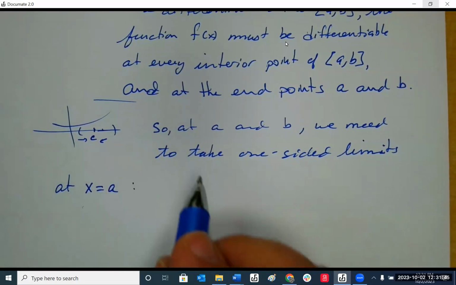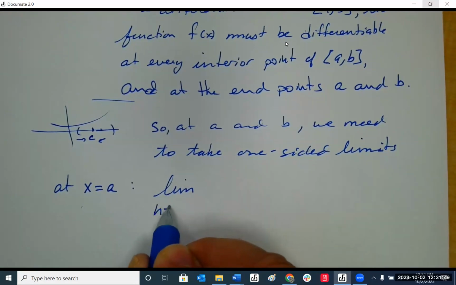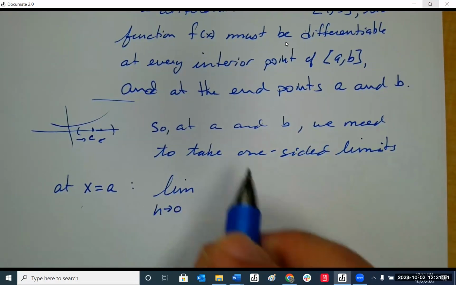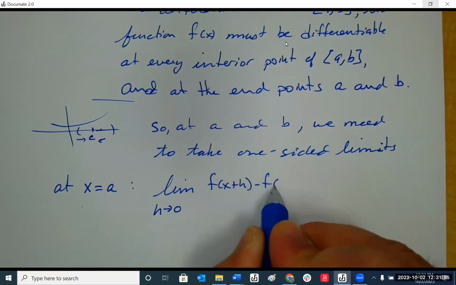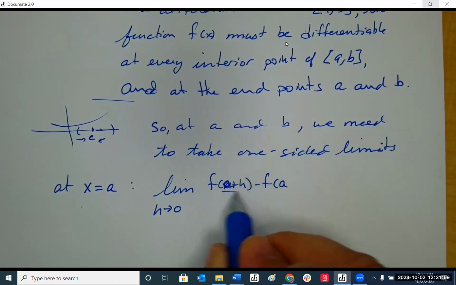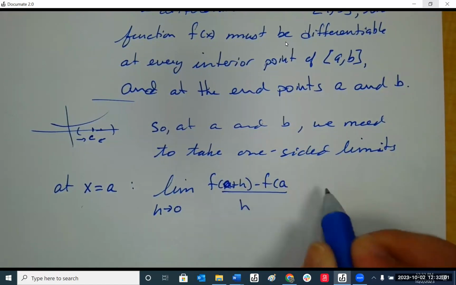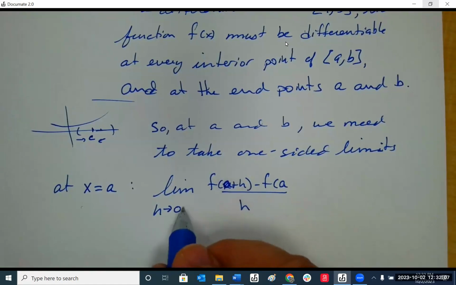So at x equals a, we have the limit as h approaches 0 of our function at a, since we're dealing with a. And it has to exist where? Coming in from the right.